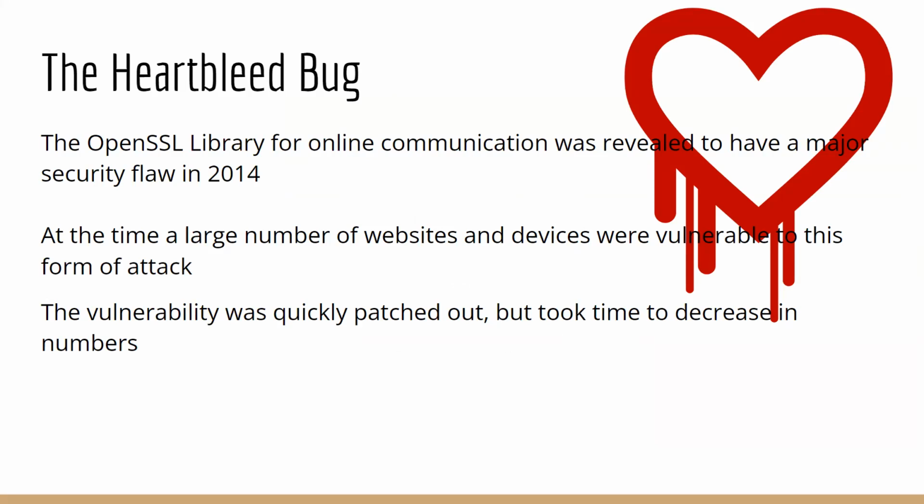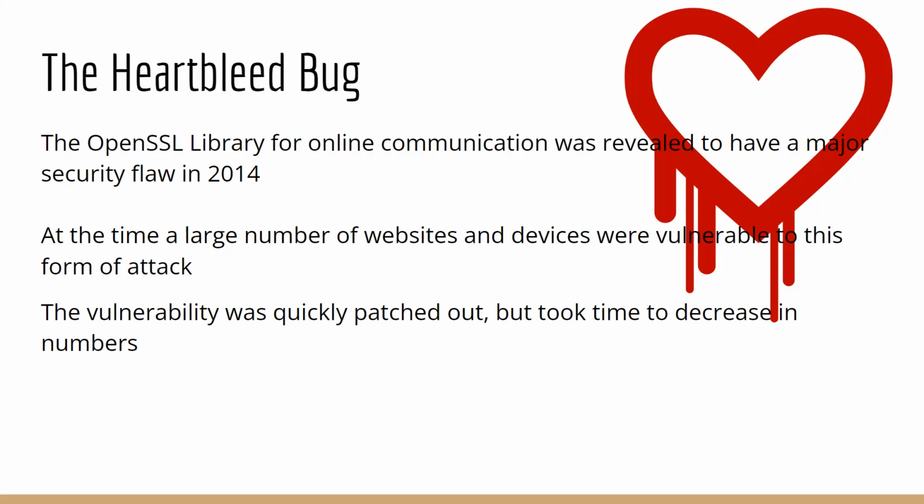At the time, this was a major development because quite a few devices and websites were using the OpenSSL library. Some publications had the number of devices well over 1 billion, and the number of affected websites may have been as many as 800,000 or more. And that number decreased gradually over time.